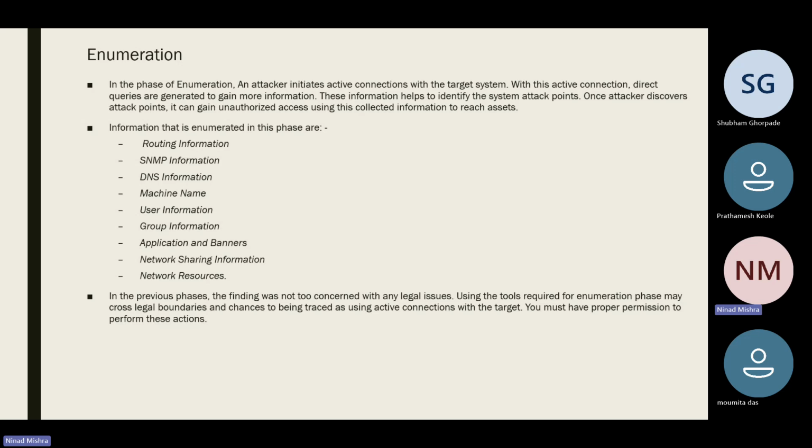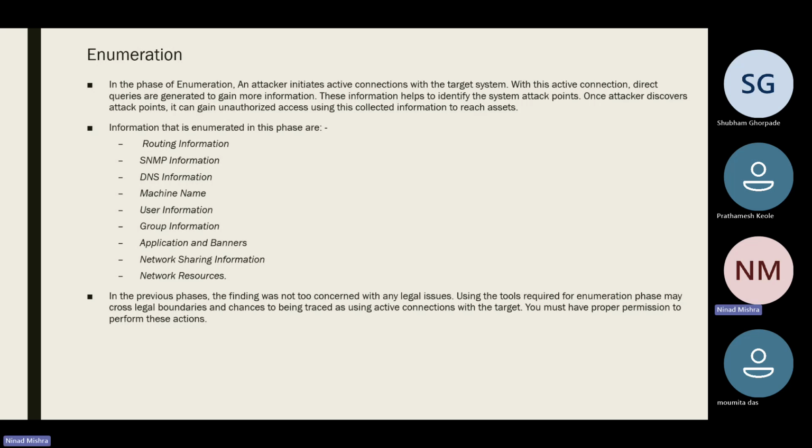It will initiate a connection with the target and then try to gain information. So basically this is also part of information gathering. That is why I said this goes hand in hand, and this can be termed as one same phase of scanning as well as enumeration.